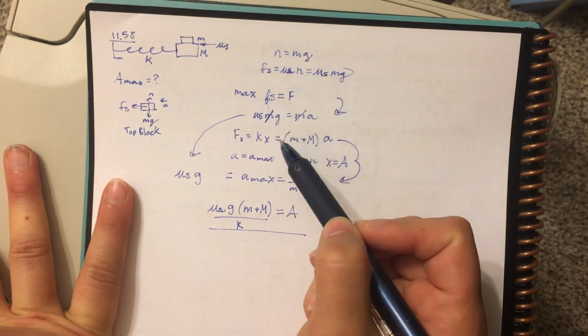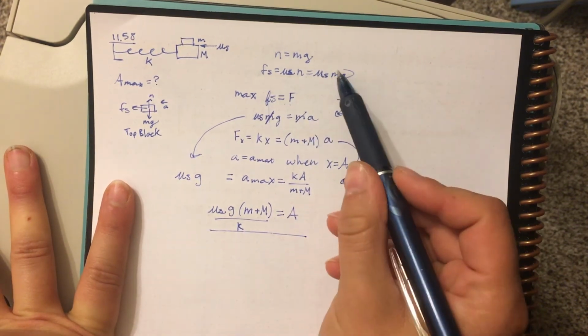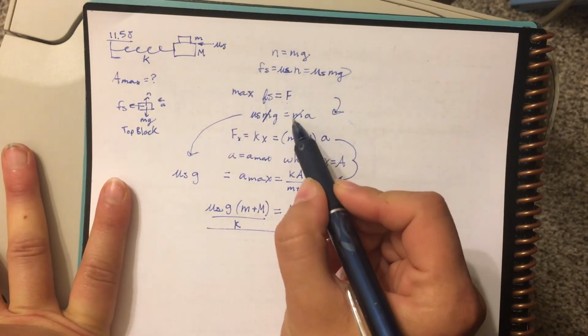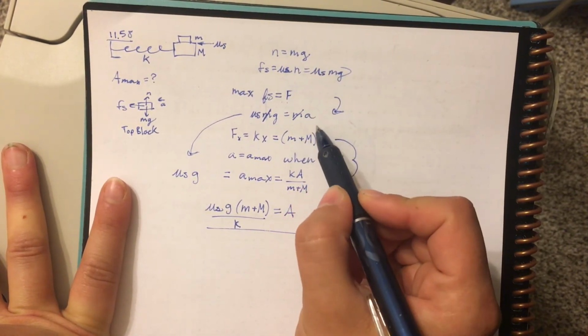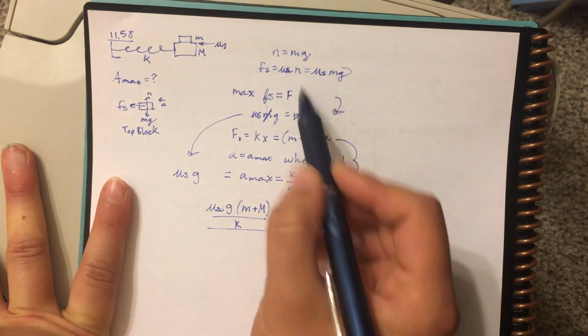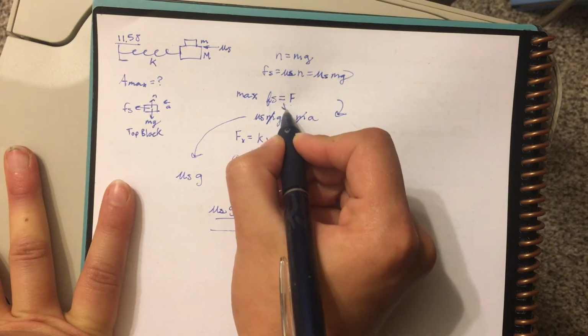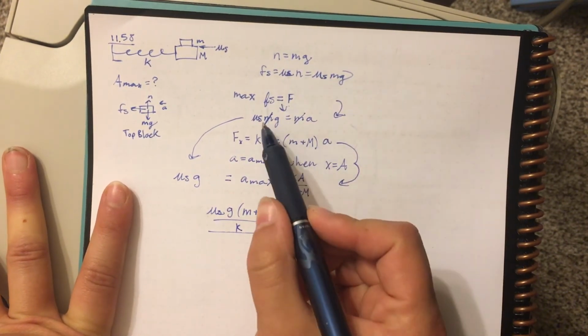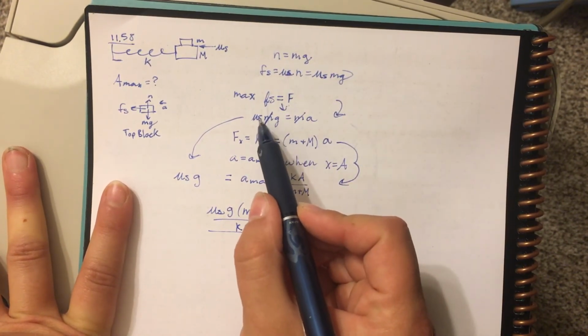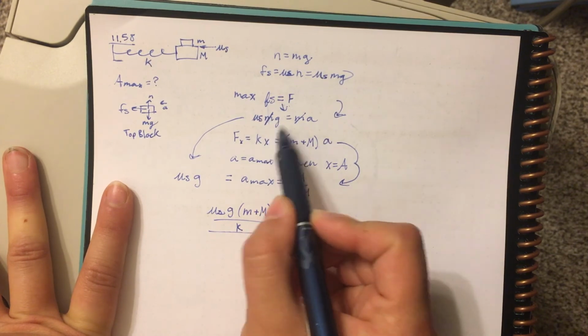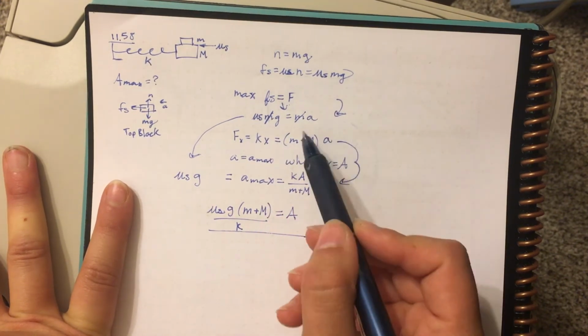Right. So just kind of remember that, basically. So we've got mass times acceleration from F, and frictional force is mu sub S mg. You can cross out both of those m's.